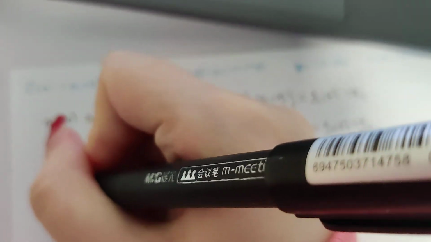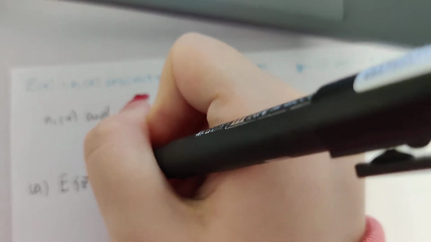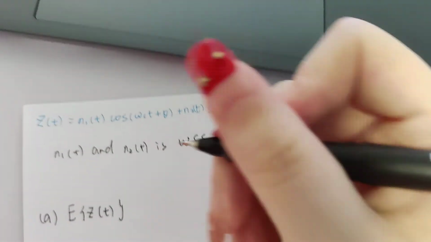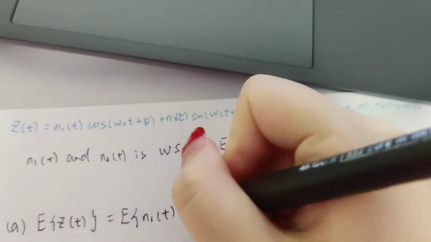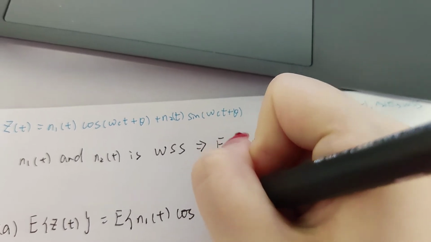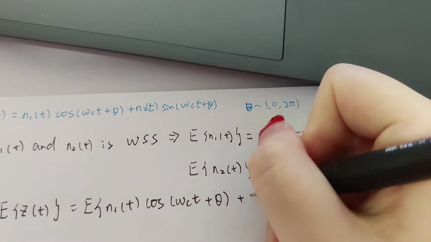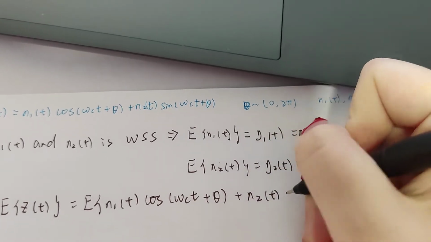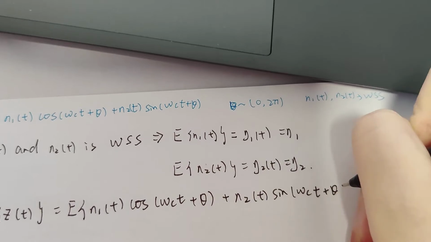For question A, we want to find the expectation of Z(t). Z(t) equals N1(t) cosine(omega_c t plus theta) plus N2(t) sine(omega_c t plus theta).